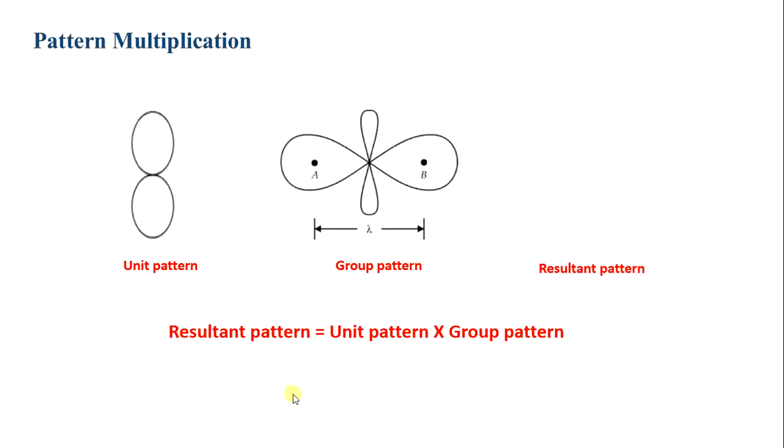Multiplying both, we will have maxima at 90 and 270 degrees, whereas we will have smaller lobes, as there is no radiation in the unit pattern in some directions where there is radiation in the group pattern. So we will get null points in the directions 0 and 180 degrees. So this will be the resultant pattern. This is how pattern multiplication helps in getting a rough estimate of the pattern of a group of elements, that is, the array antenna.